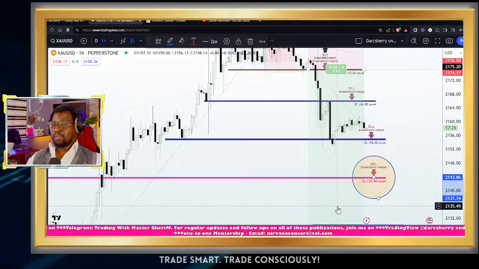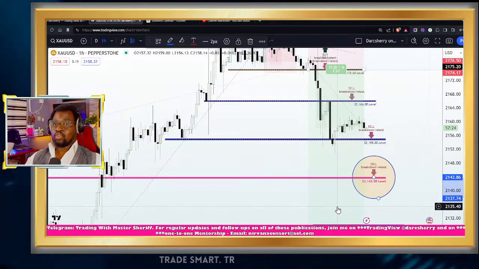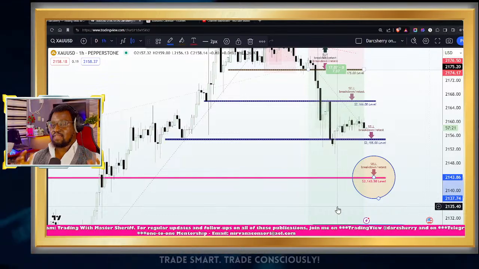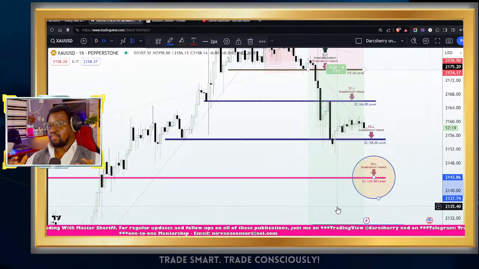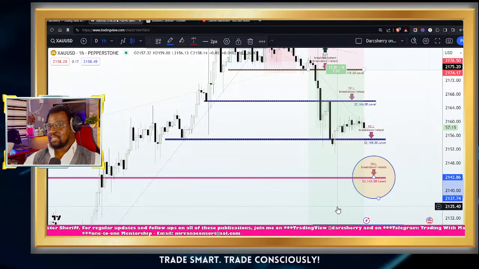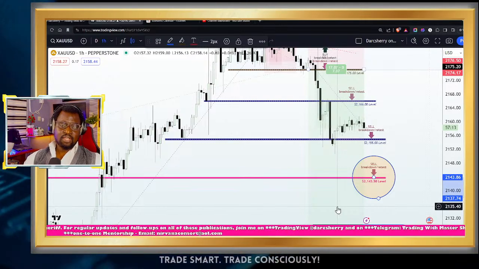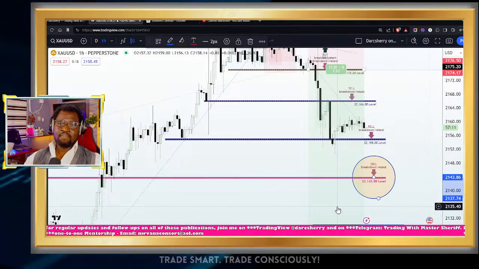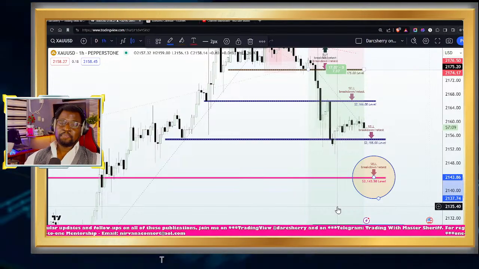If you watch my weekend video on the XAUUSD, you will see how significant this $2,143.57 level is on the higher time frame. This level was a very strong selling niche, I think, at the beginning of the year, before we saw the breakout of the structure happen last week.